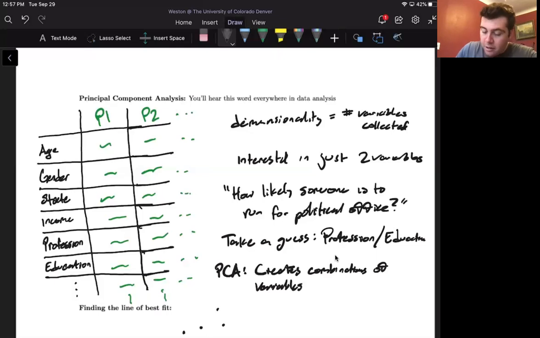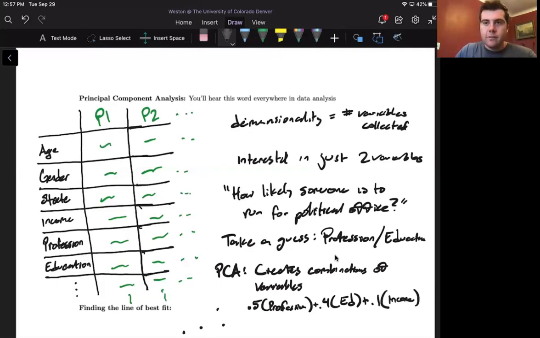So it'll actually pick out a combination of variables, such as something that would look like 0.5 profession plus 0.4 education plus 0.1 income, and call that something like the strongest variable.